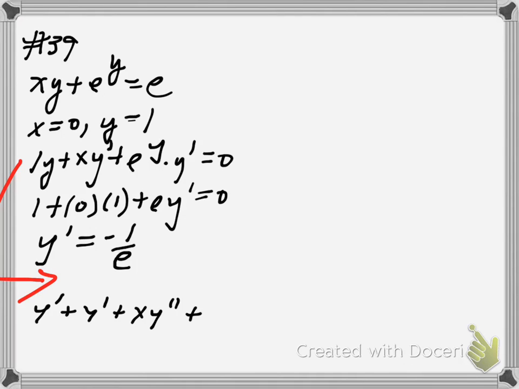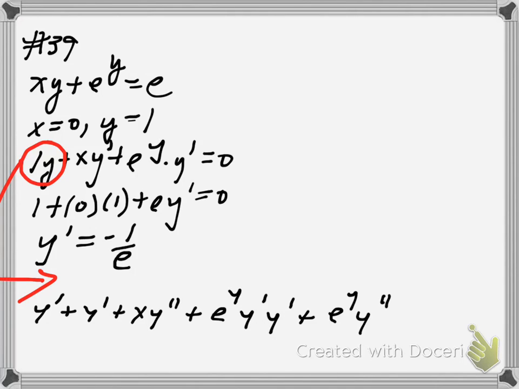Plus, now we're going to take the derivative of the third term, which is, again, using the product rule: the derivative of the first factor, e to the y, times the derivative of y, so that'd just be y prime, times y prime, plus e to the y times the derivative of y prime, which is y double prime.